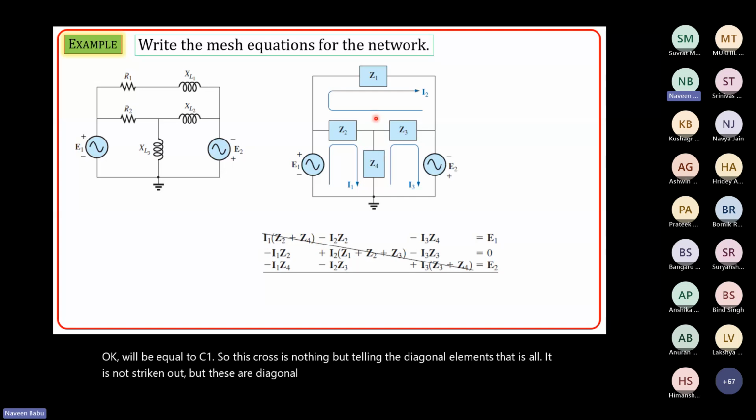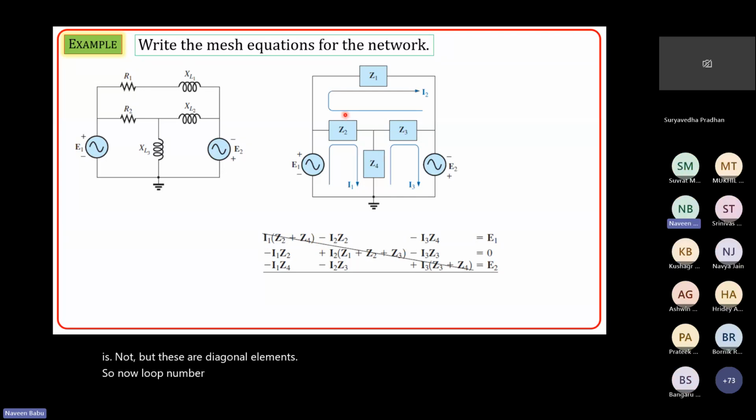Now loop number 2: the common between 1 and 2 is Z2, and across Z2, I1 and I2 are in opposite directions. So it is minus I1 Z2 plus I2 multiplied by Z1 plus Z2 plus Z3, minus the common between 2 and 3, which is Z3, minus I3 Z3, will be equal to 0 because there are no voltage sources in this particular loop.